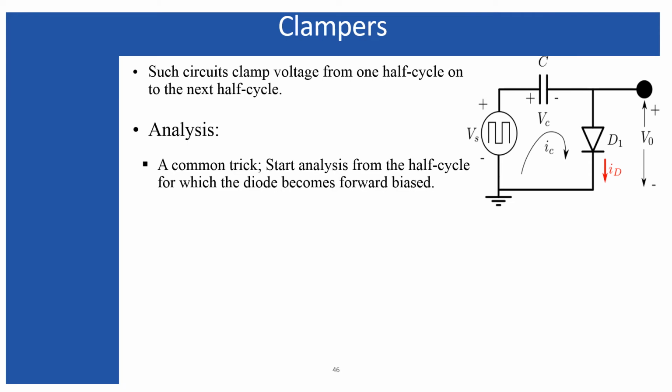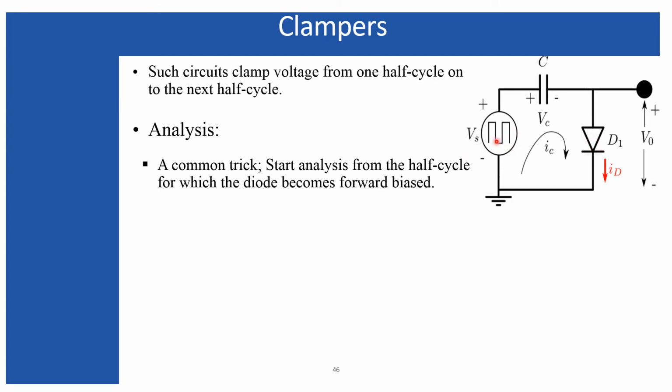So in order to start the analysis of the clamper circuit, you just have to follow one trick. It's very easy. Always start your analysis from that half cycle of the input signal for which your diode will be in forward bias. Although if you start from the negative half cycle, that also works. That is fine, but it is easier to consider the positive half cycle first, because this diode is in forward bias for the positive half cycle.